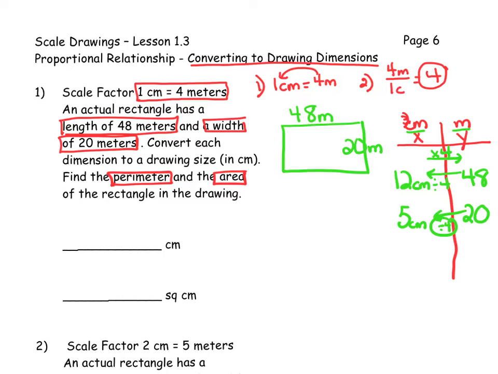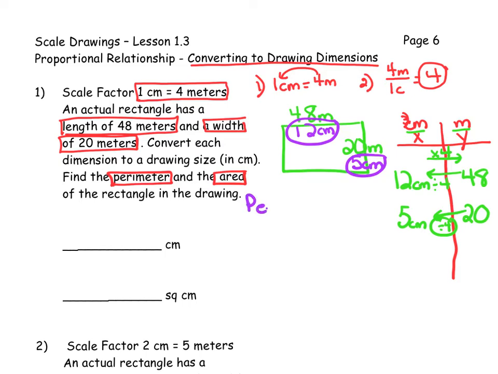So we know on paper the length is really 12 centimeters and the width is really 5. Now we're going to use those centimeter dimensions to find the perimeter of the rectangle that is on paper.